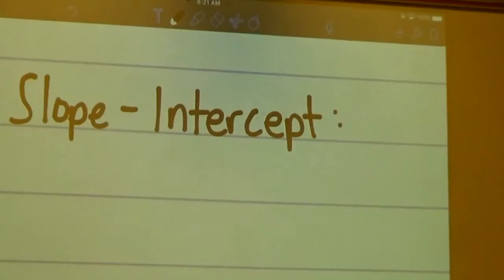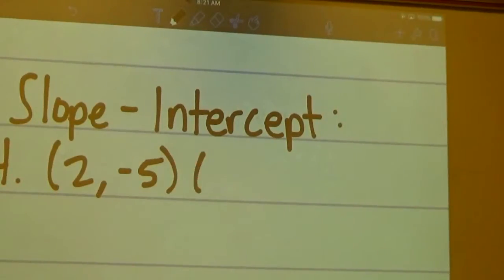All right. Did you start from point slope and go to both of them? You can. So now we have the point 2, negative 5, and the point 7, 10.